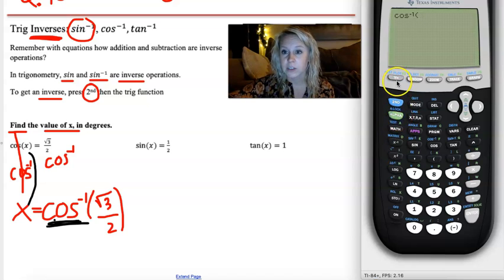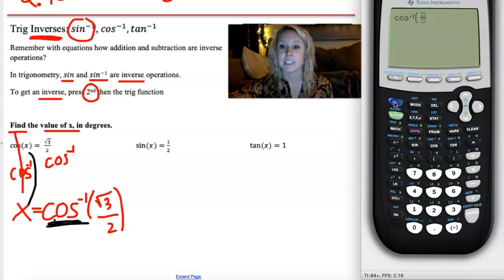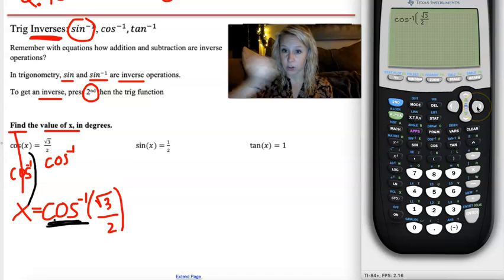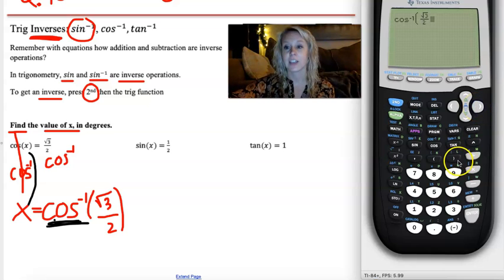So alpha y equals, enter for a fraction. Now square root is second x squared with a 3, and then go down 2, and then go right, parentheses. And that's how you type in a square root. Okay? So the answer is 30.